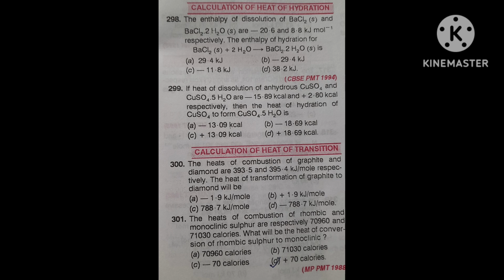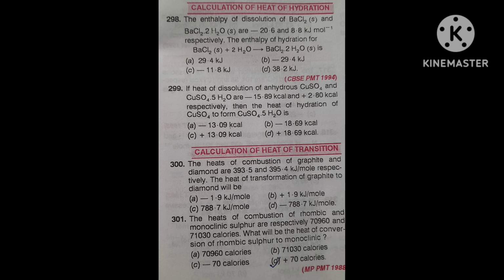This question is a little difficult, but with sufficient practice it will go fast, and you can solve it within 15 seconds. First reaction you have to divide in 2 steps, because barium chloride solid plus aqueous, it is given barium chloride aqueous, and that value is minus 26 kilojoule.